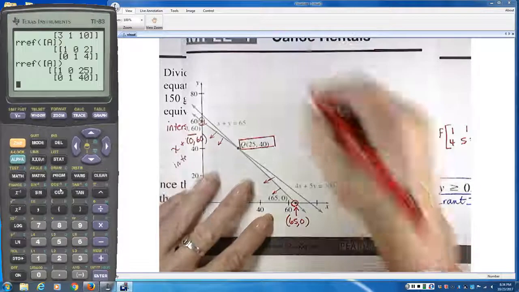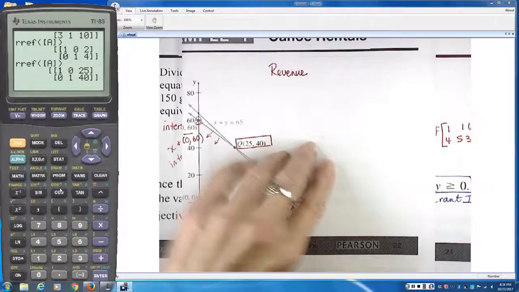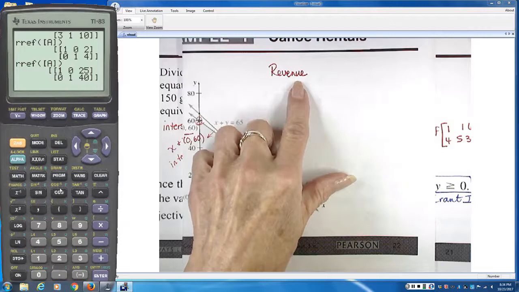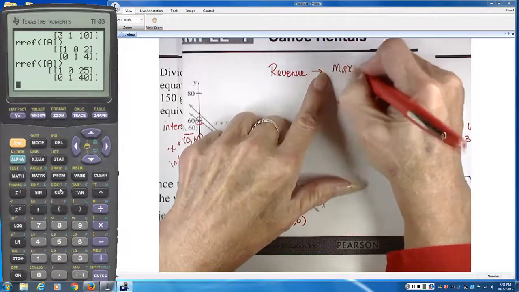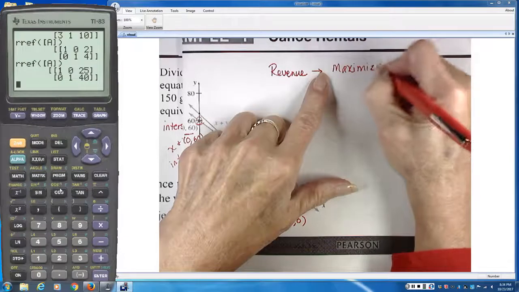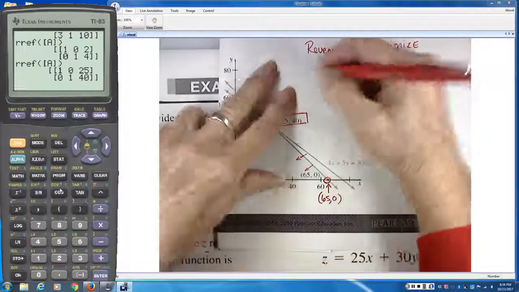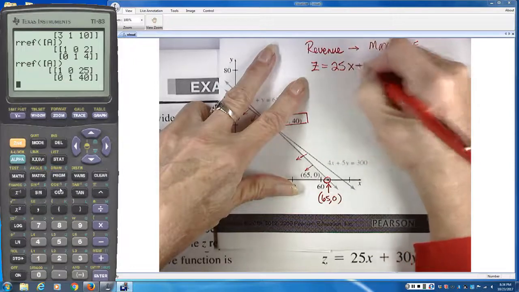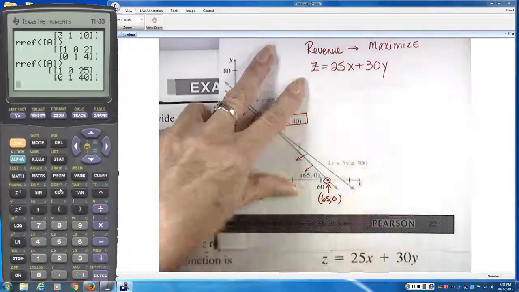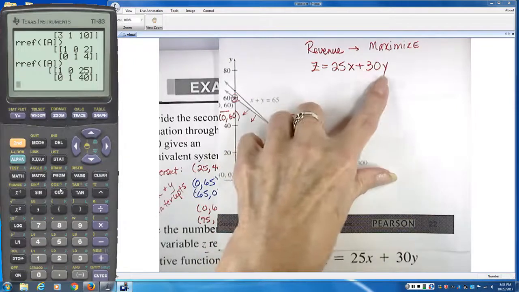And since I'm talking about revenue, it doesn't make any sense to minimize your revenue. You want to make lots of money. So your revenue equation from down here is $25 a day for rent on canoes and $30 a day for rent on kayaks.